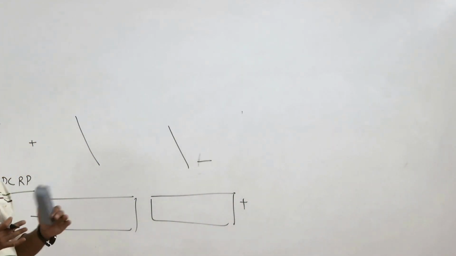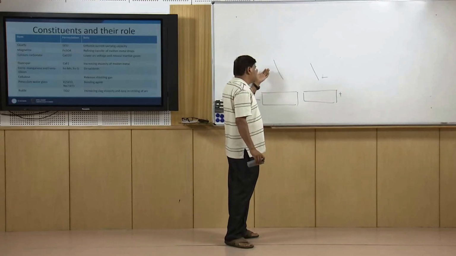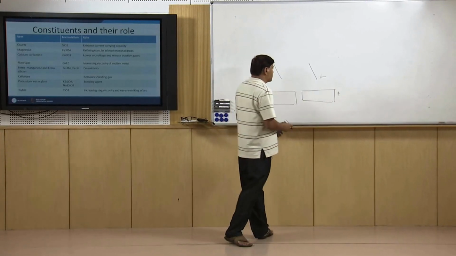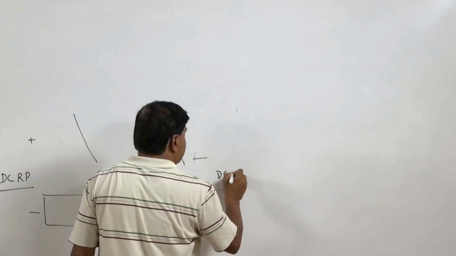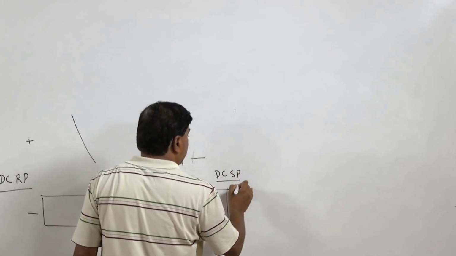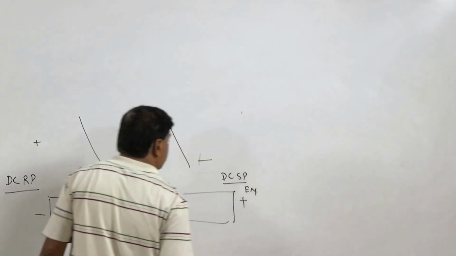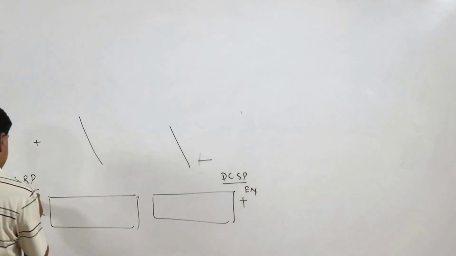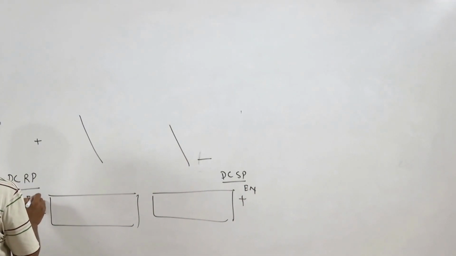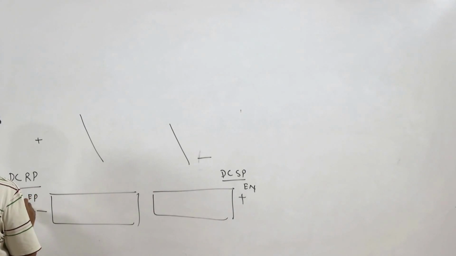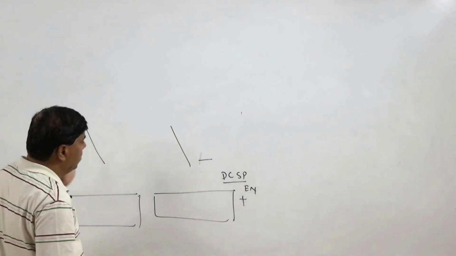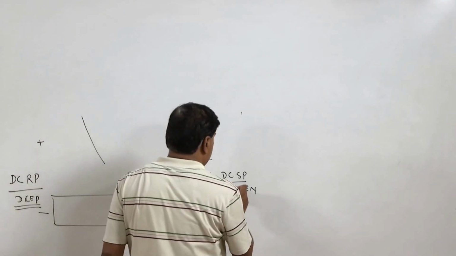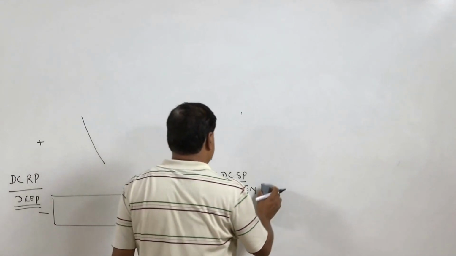So, what is the role of polarity, and when which type of polarity is to be used, that is what we will try to talk about. So, this is called DC straight polarity or electrode negative, DC EN, and this is electrode positive, DC EP, or the reverse polarity.